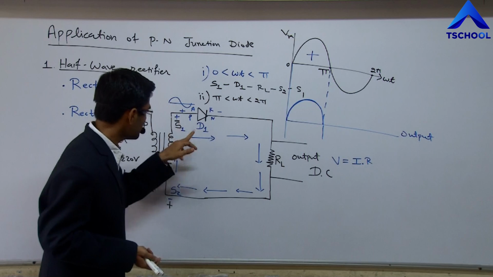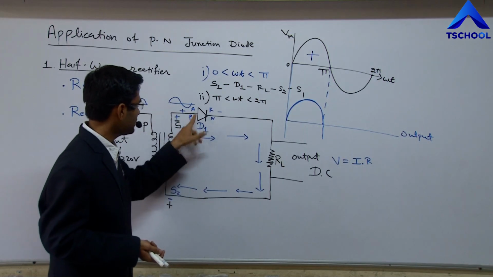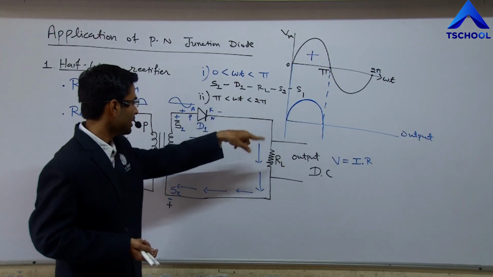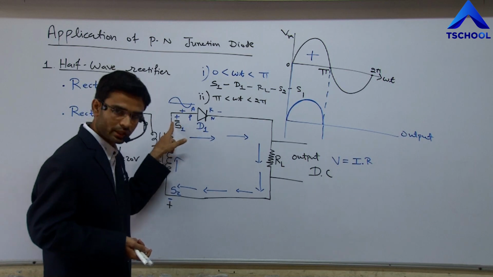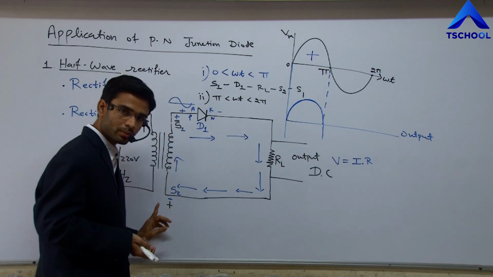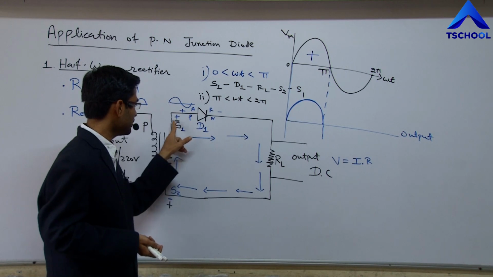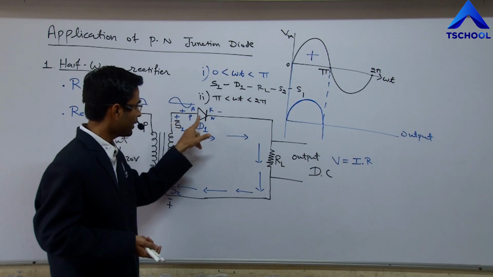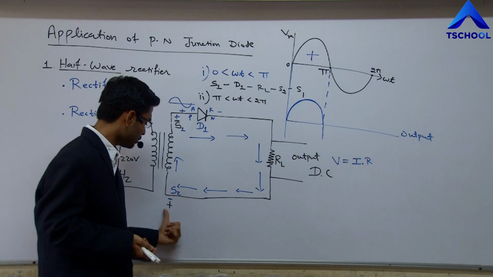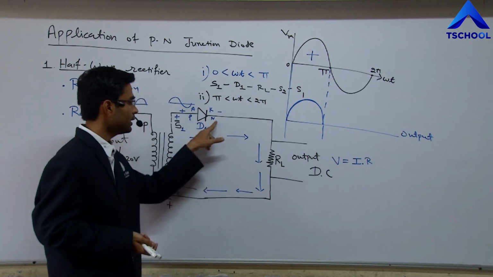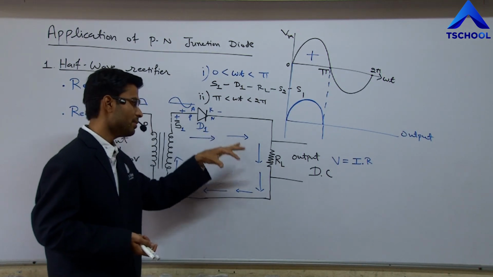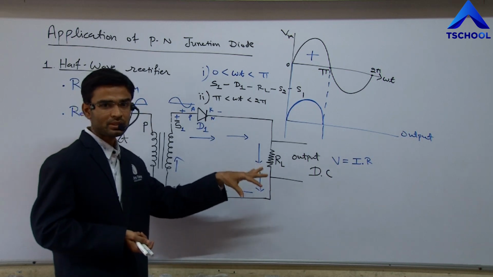Now the same situation here in the second half cycle. S1 becomes negative, connected to the P section, and S2 becomes positive, connected to the N section. Same situation happens here.